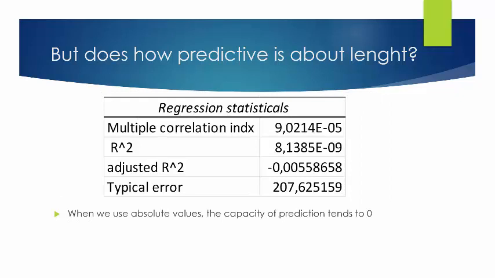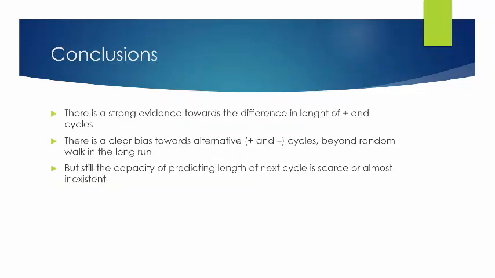If we use absolute values, so we try to explain the length of the next cycle using only the length of the previous cycle, the capacity of prediction comes almost to zero. So that means that we have obtained several conclusions that, in our opinion, might be interesting.